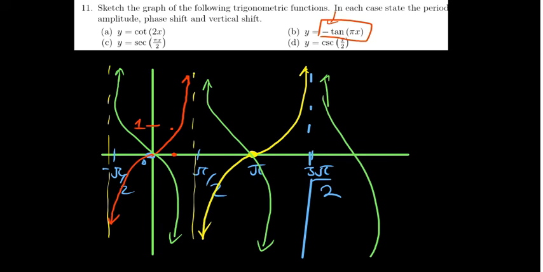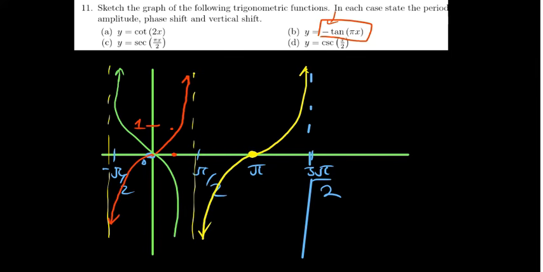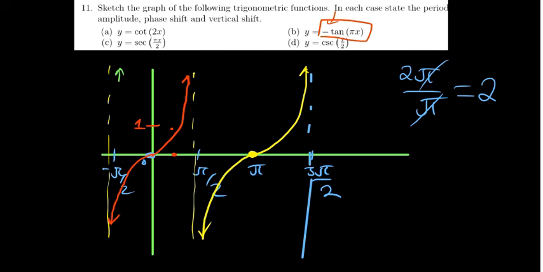Now the other thing that is also affecting the graph is we've got a pi attached to x, so it's going to affect the period. The period is of course going to be 2 pi divided by that value, which is pi, so the pi will go away and you remain with just a 2.